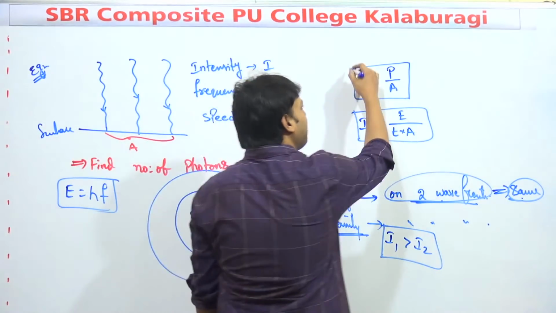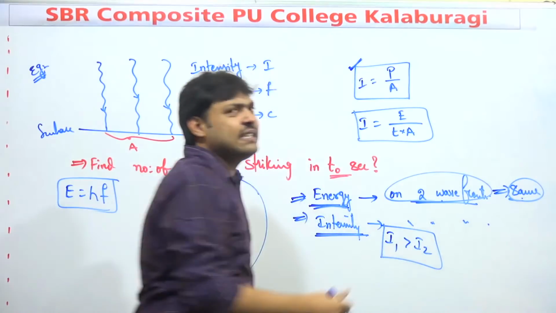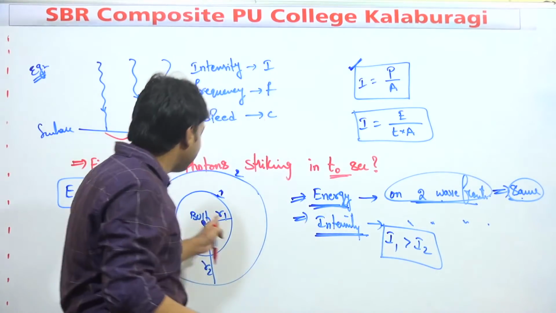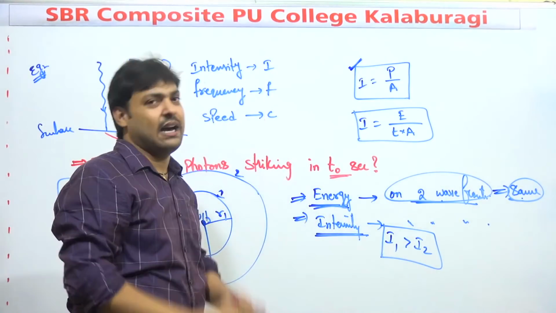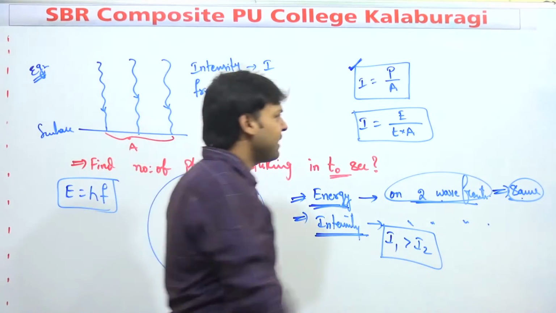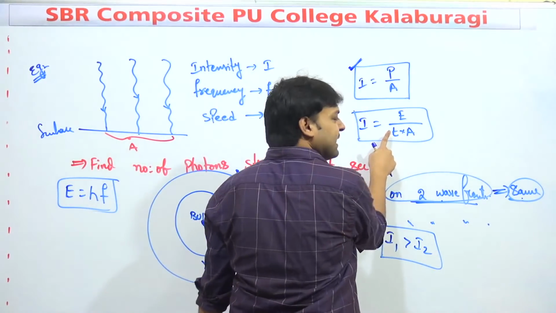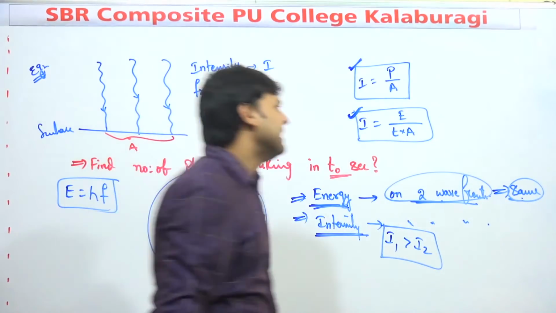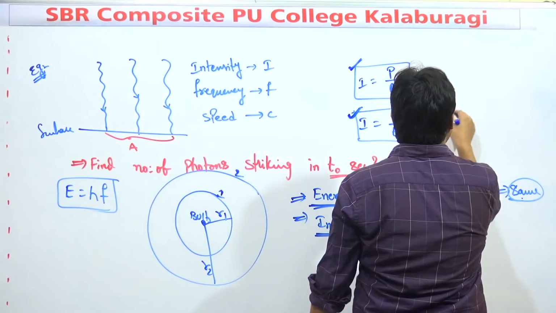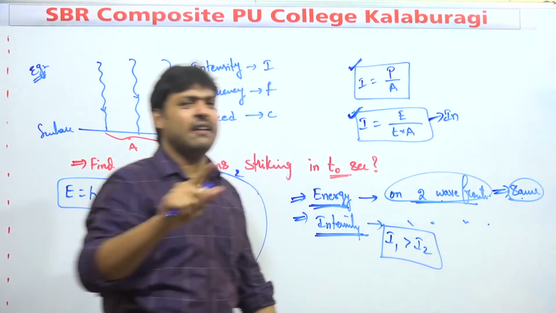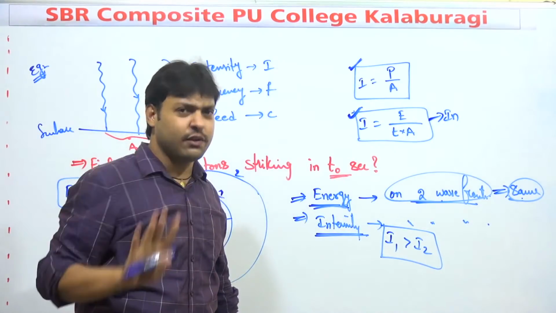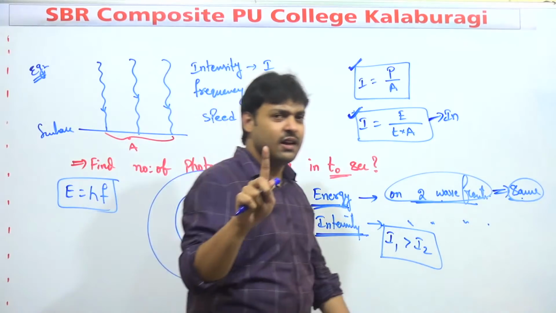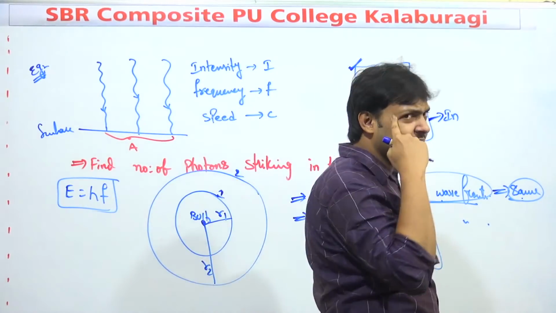Now, how to calculate the intensity? It depends on the energy per unit area per unit time. So this is the formula to calculate the intensity. Very important. I think the same concept you will get in 11th waves, and in 11th heat also you will get it in radiation. In radiation, the same formula again, right?